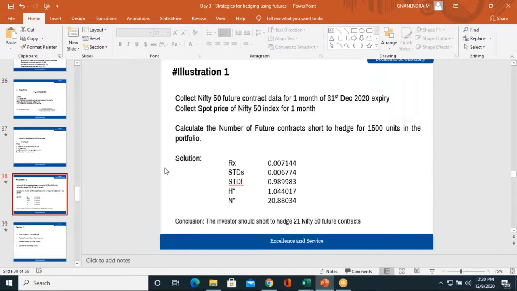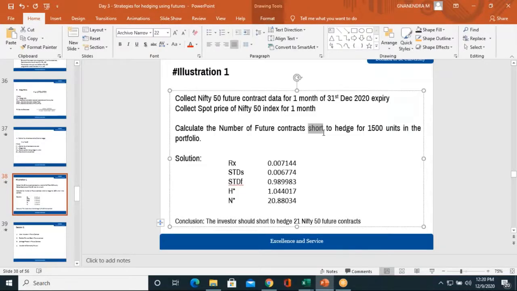Is that your intuition or your market prediction? Because it can be a long hedge also. Hedge ratio will tell me the percentage we have to do. My only query is how to find out whether it is a long hedge or a short hedge.